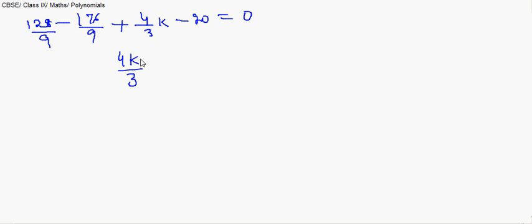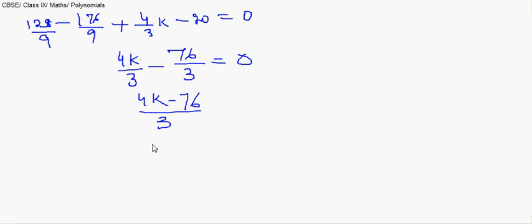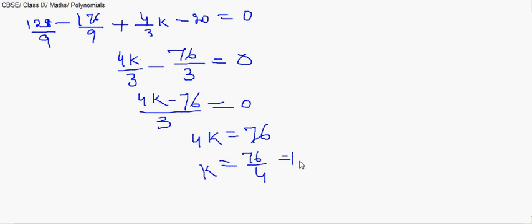So I'm getting 76 upon 3 because I reduced it and did some rough work there. Or I get it as 4k minus 76 equals 0. So 4k equals 76, k equals 76 by 4. That's giving me 19. So the value of k was 19 in the given polynomial. Thank you.